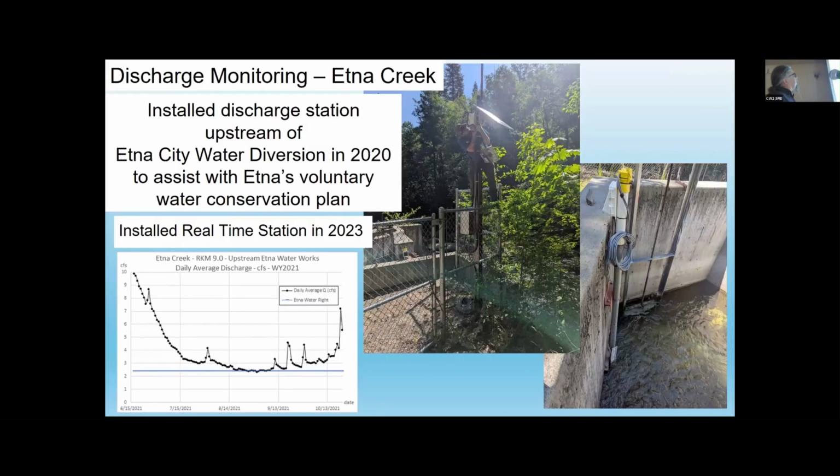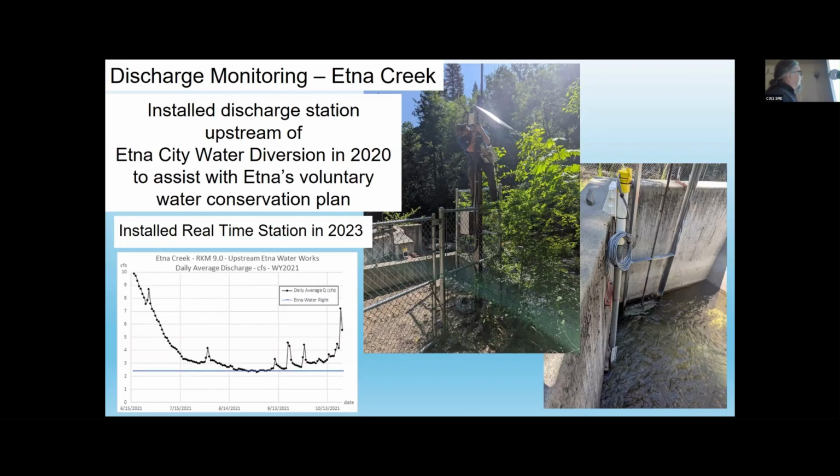So here's an example of how we utilized the discharge monitoring to help collect data for a site that was actually above all diversions. And also this site helped us assist the city of Etna, who has a significant water diversion off Etna Creek, monitor the flows in Etna Creek during the drought year of 2020 to help assist with their voluntary water conservation plan.